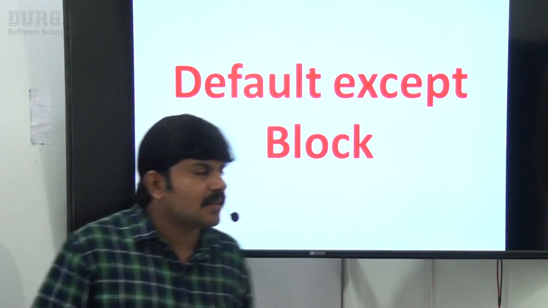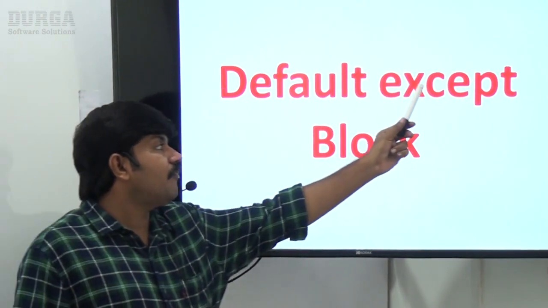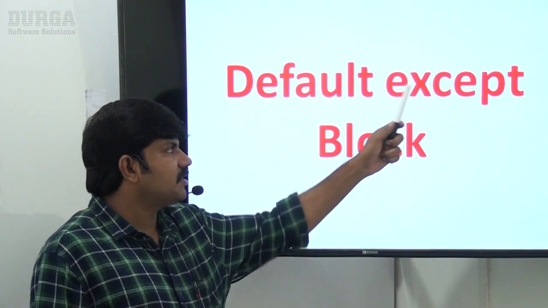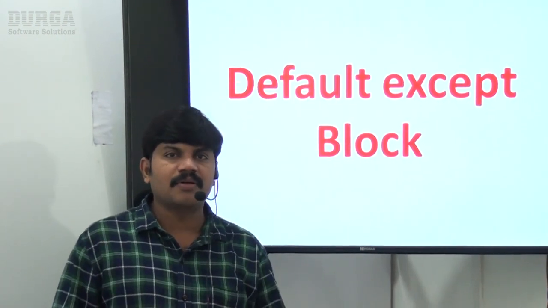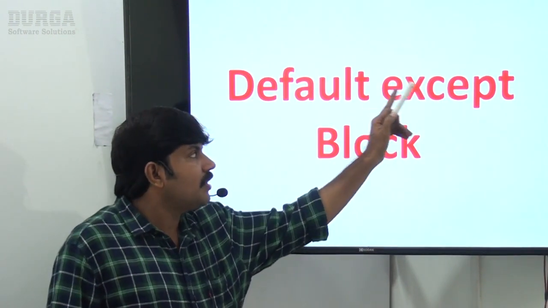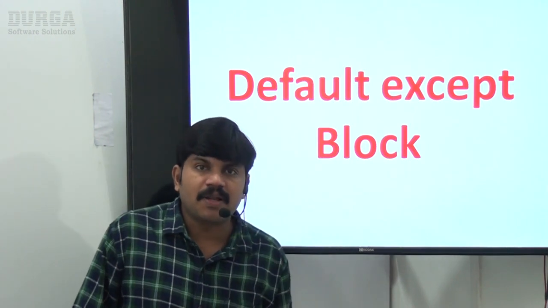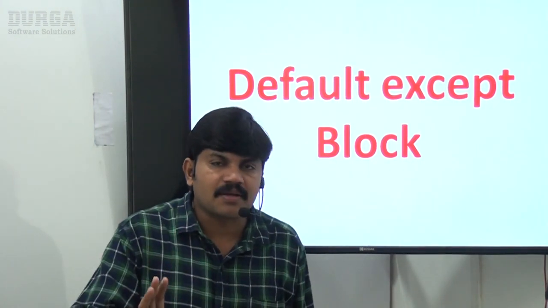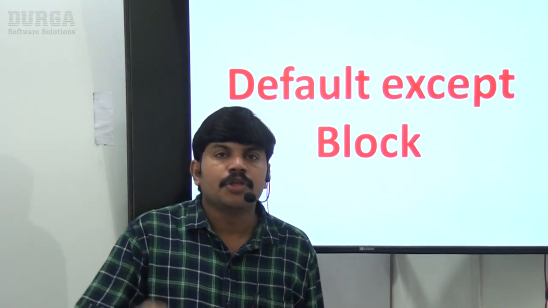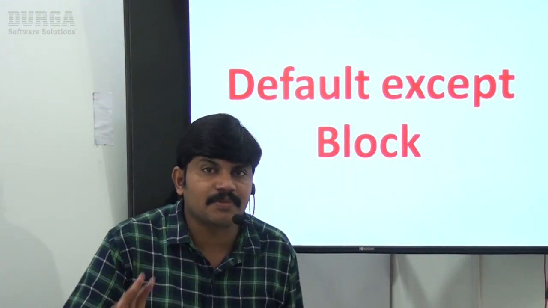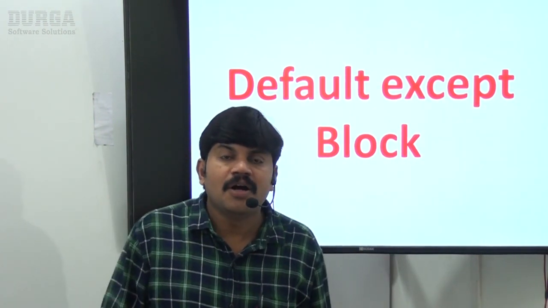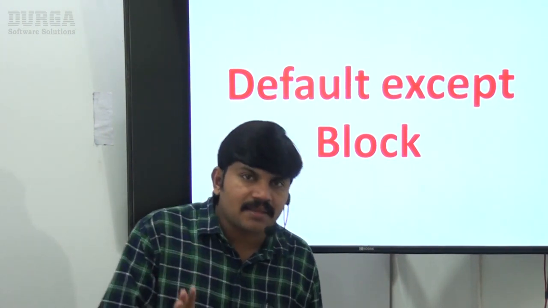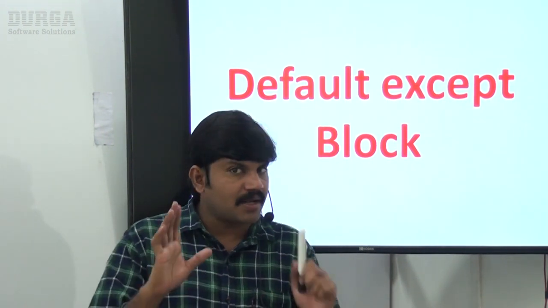Now the next thing I have to discuss is the default except block. Remember this one, the name itself indicates a default except block. So what is the purpose of the default except block? Very simple: it will be executed if no other except block matched.